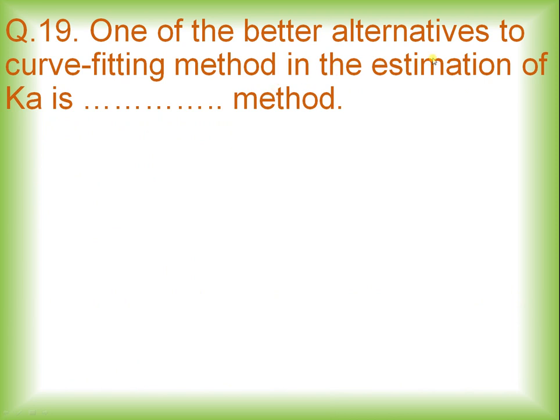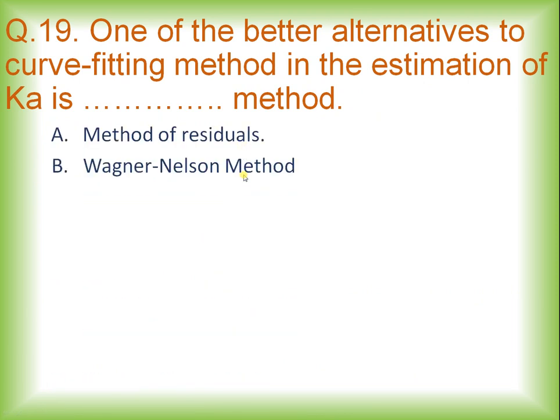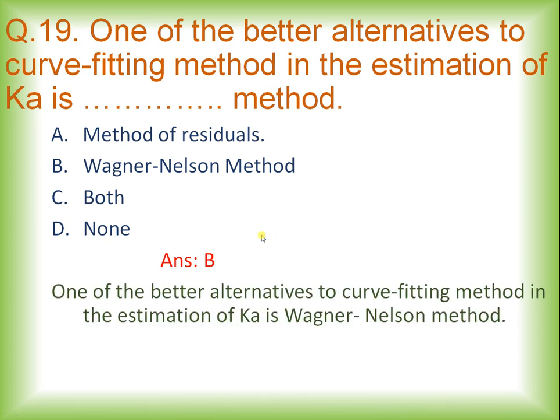Now one of the best alternatives to curve fitting methods in the estimation of Ka is dash method. Options are method of residual, Wagner-Nelson method, both, none, and the right answer is option B, that is the Wagner-Nelson method.